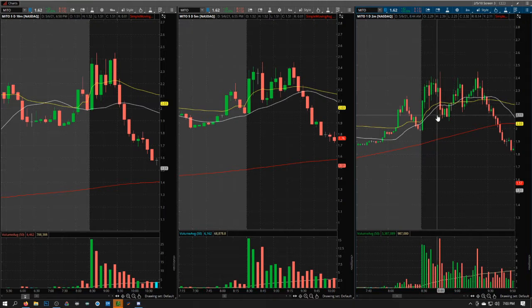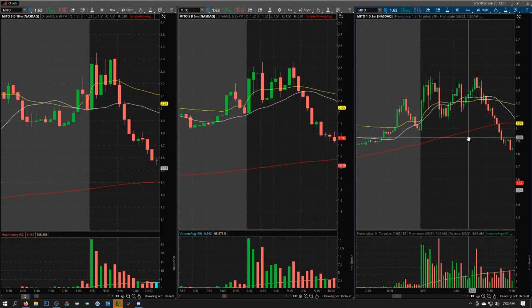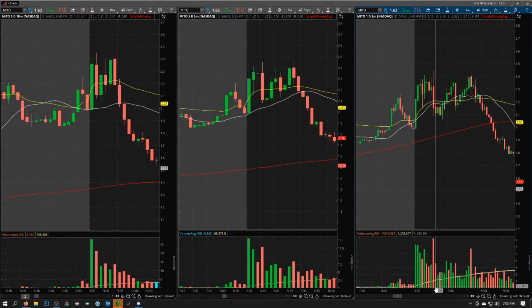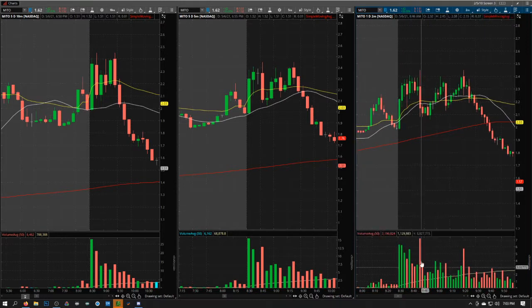Maybe even implementing some knife catching strategies. We'll see, because you can see knife catching right now is almost lucrative in some situations. I just have to kind of come up with my own system that allows me to mitigate risk and do something like that. So I'll have to give that some thought.